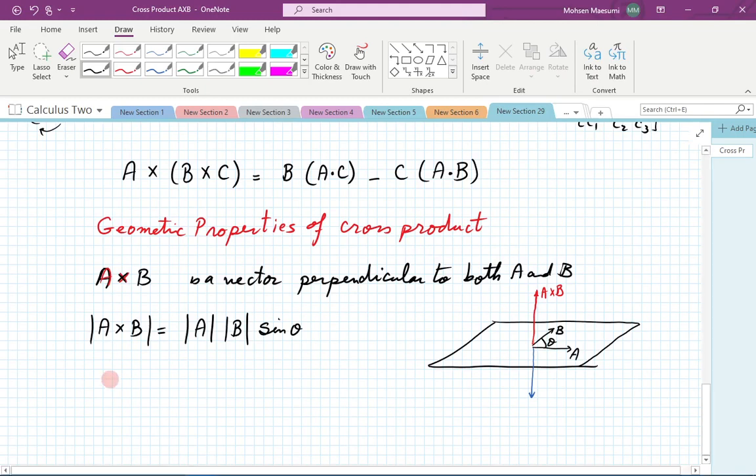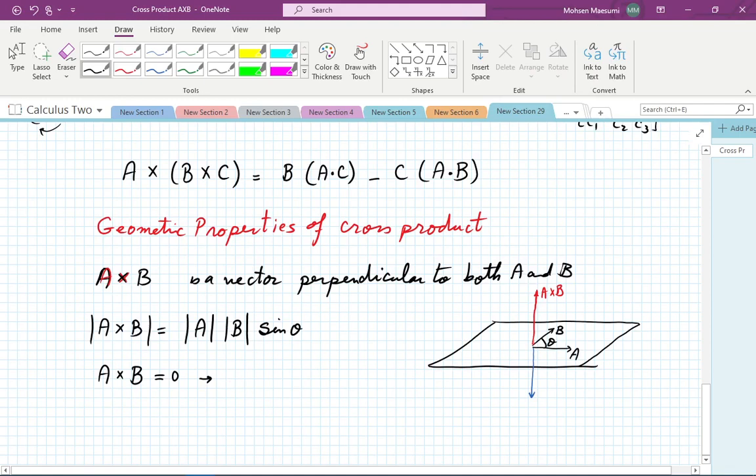Now you notice that if A and B are lining up, either the angle is 0 or the angle is 180 degrees, that sine is going to be 0, and as a result A cross B is going to be 0. So one way to figure out something about two vectors is that if their cross product is equal to 0, it implies A and B are in the same line.